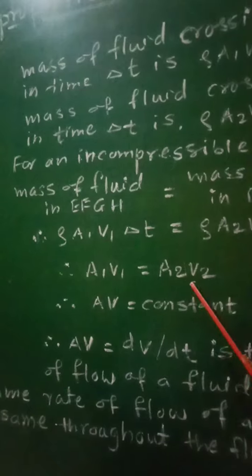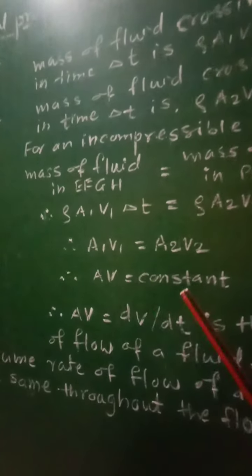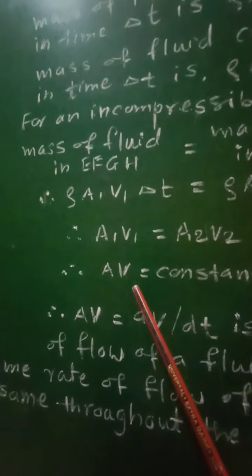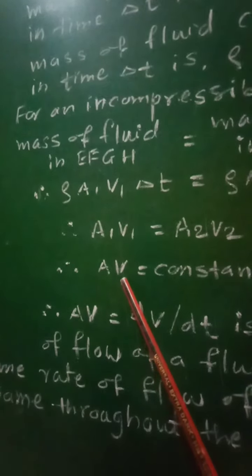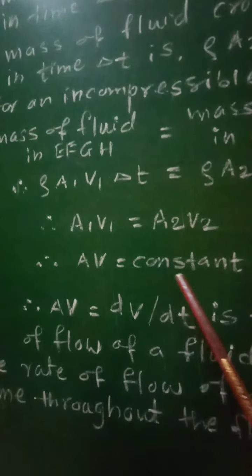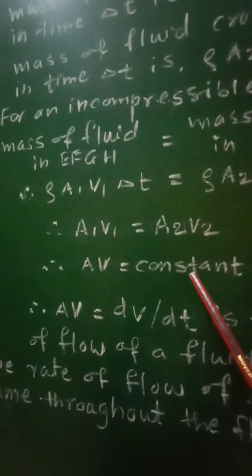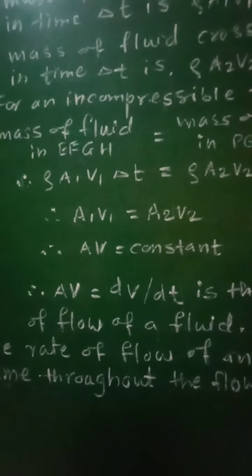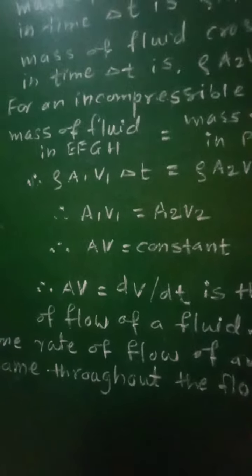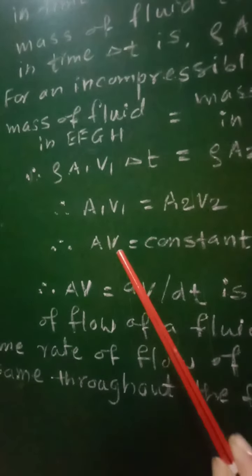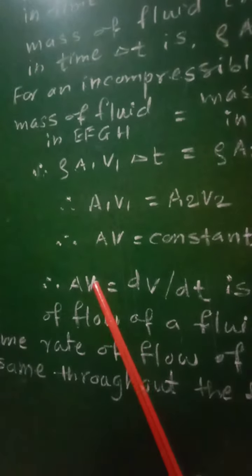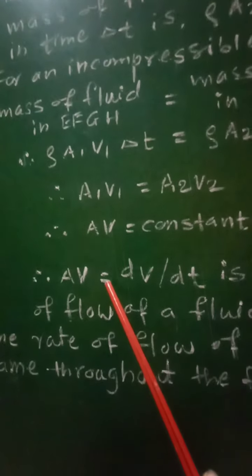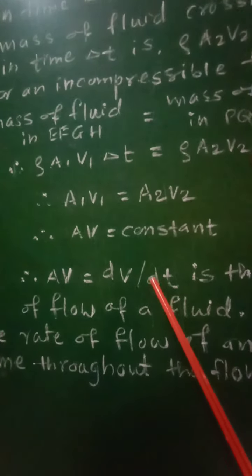As A1 v1 equals A2 v2, we can say that the product of AV, that is the area of cross section and the velocity, remains constant. AV is equal to constant. So this will represent the equation of continuity. Now this AV, the product of area and velocity, will be equal to dV by dt.